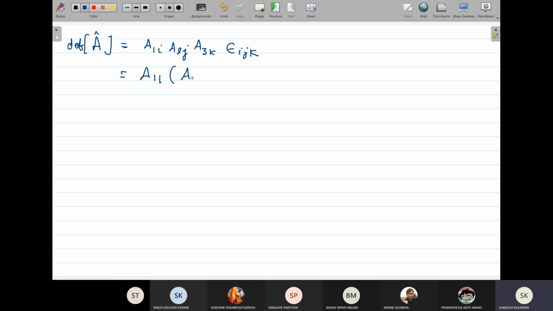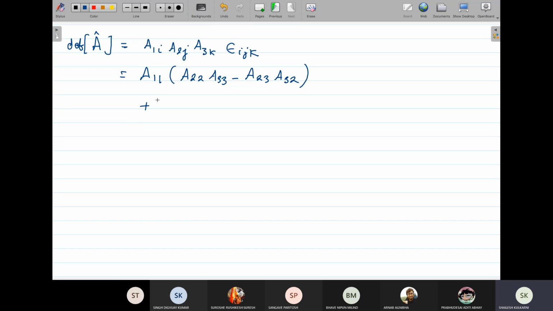Then this will be A22 A33 minus, with j is 2 and k is 3, A23 A32. If I fix i equal to 1 and sum over jk, I will get this.